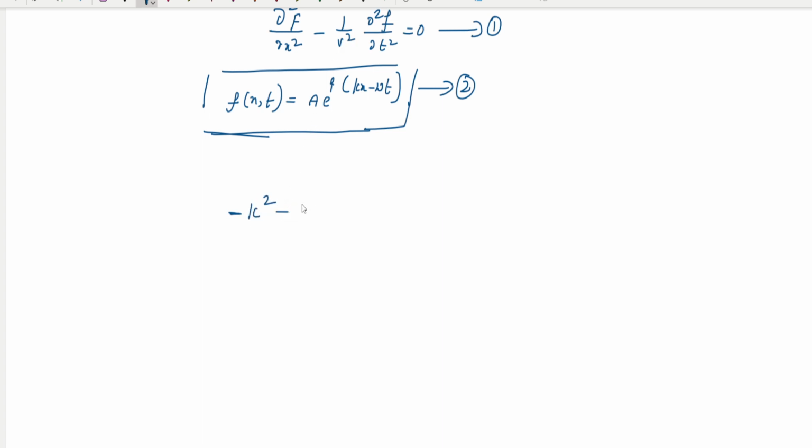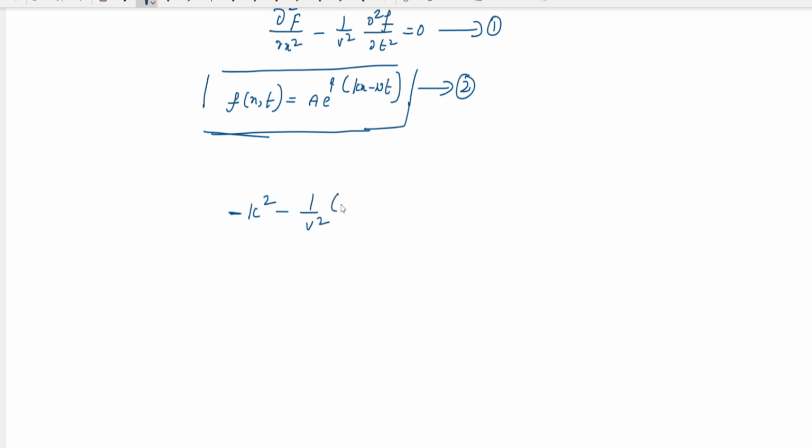Minus 1 divided by v square, and the remaining part dou square f divided by dou t square. Differentiating 2 times with respect to t, minus into minus is plus, then i square gives minus omega square.